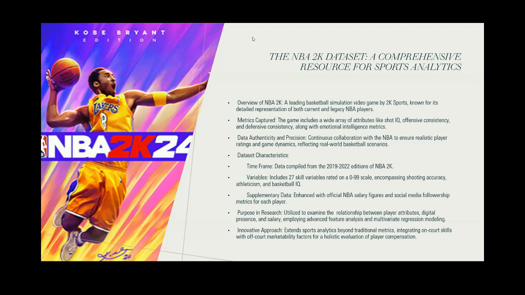It's 27 features, and those scales are from 0 to 99. Different attribute variables like accuracy, athleticism, or shooting IQ. There is also supplementary data on player salaries and player social media attributes. I'm trying to examine the relationship between players' attributes, digital presence, and salary.